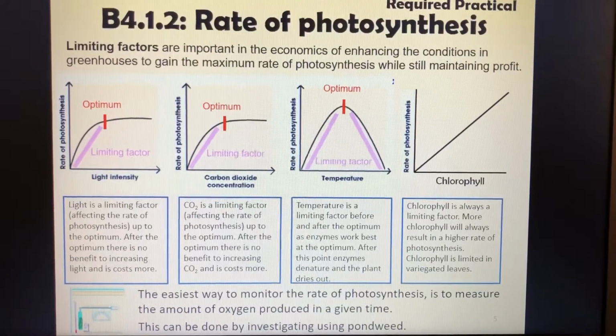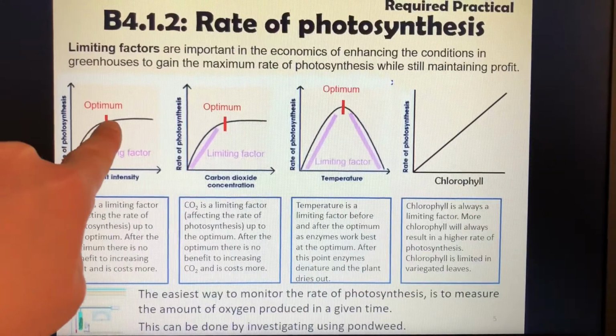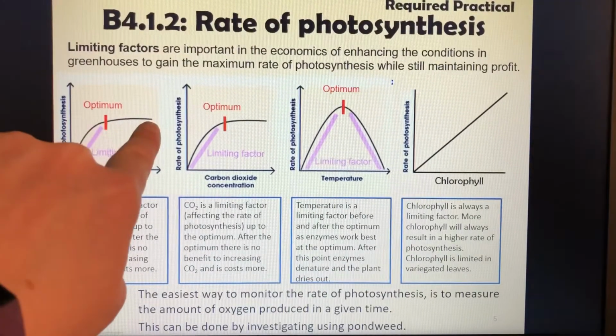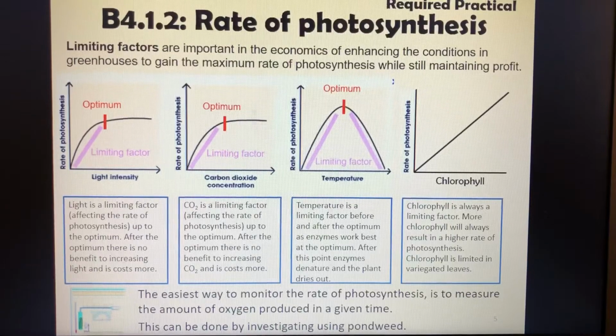When we increase the light intensity beyond that point, imagine like a dimmer switch, or you physically put more lights onto the plant, you're spending more money on the electricity for the lights, but actually it's having no impact on rate of photosynthesis. So to put ourselves in the position of the farmer, that's really important. We don't want to be spending extra money and yet getting no extra profit as a result.